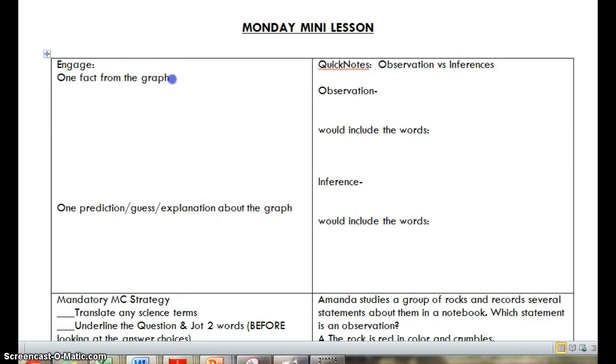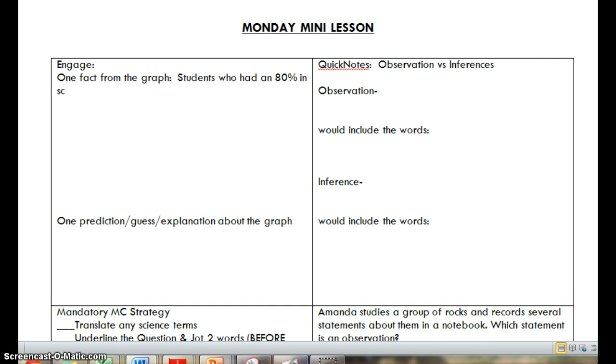All right, so what you wrote from the graph should be something that you notice. So for example, students who had an 80% scored at a high basic or mastered.